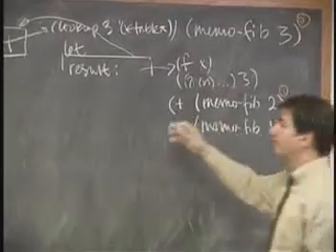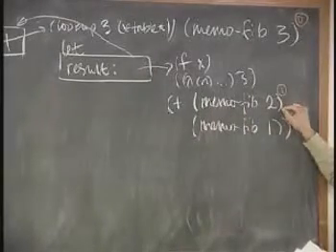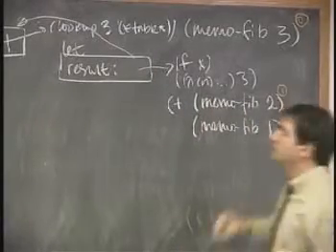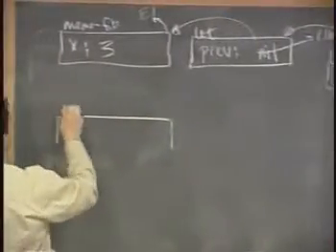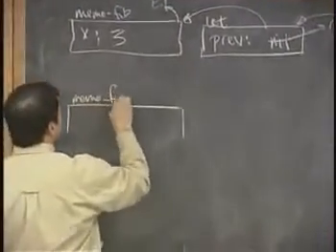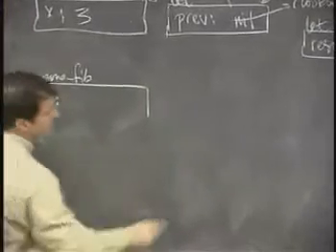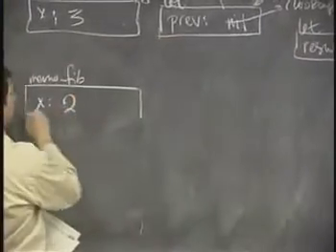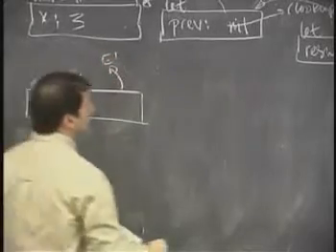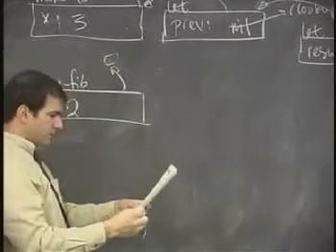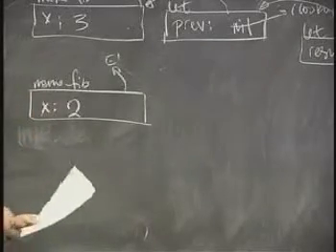We have a lot of incompleted values here, but this is the way it's going. We now have a call to memofib. New frame. X is 2, parent frame E1. Memofib, what does that do again? Oh, that's right. It's this let down here inside. It got returned from Memoize.